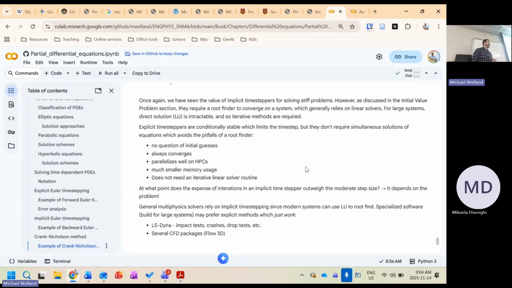Implicit time steppers are the thing to do with stiff problems. All of your problems are going to be stiff. This is the easiest that it's going to get. This is quintessential transport. Any kind of diffusion, any kind of heat transport is already throwing this problem. When we did the initial value problems, the problem that we looked at was dy/dt equals y.